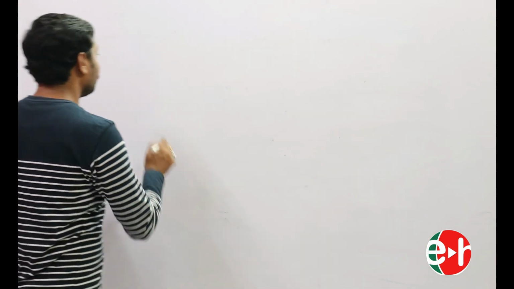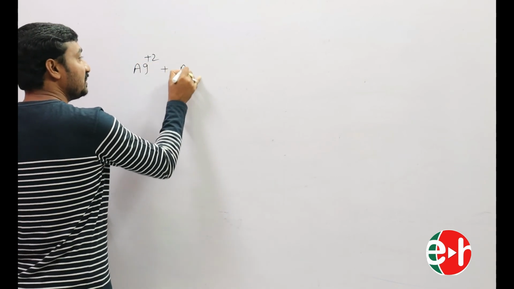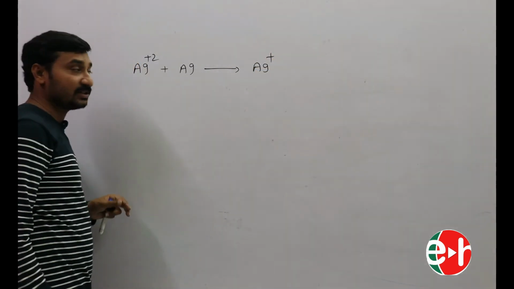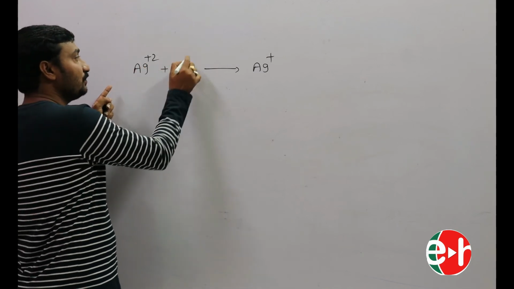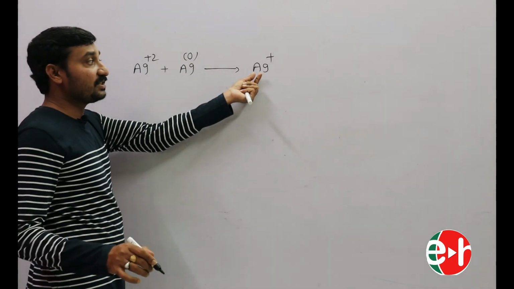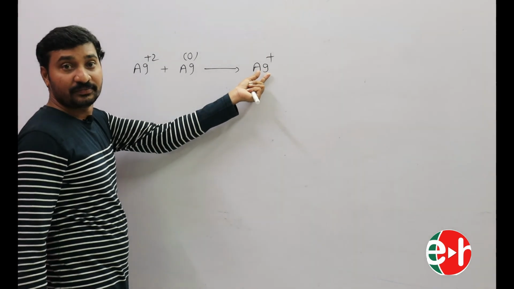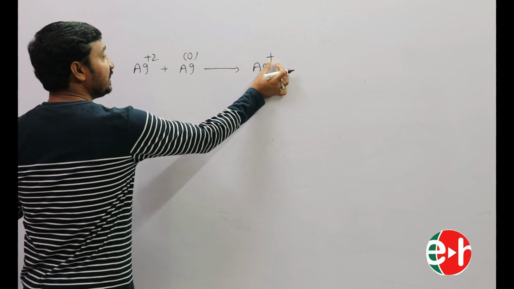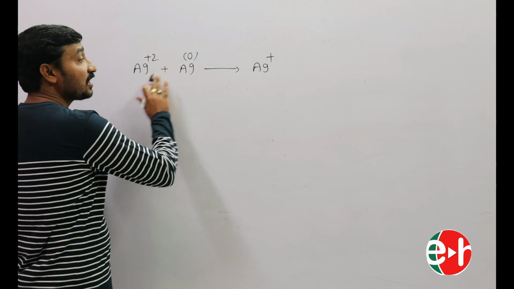For example, Cu2+ plus Cu gives rise to Cu+. See this reaction, same element in different oxidation states, here +2, here 0, gives a product which has intermediate oxidation state. Intermediate oxidation state means this oxidation state is in between 0 and +2. Okay, so this is comproportion.